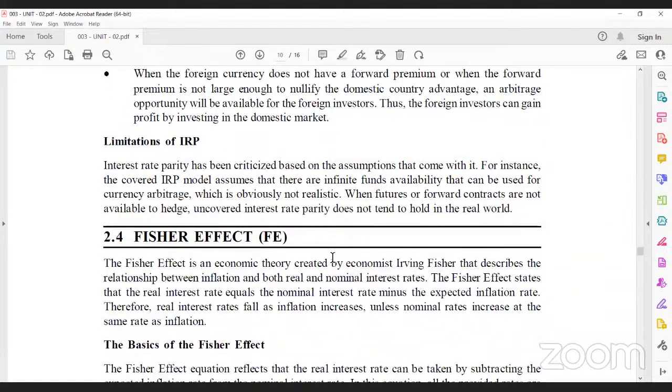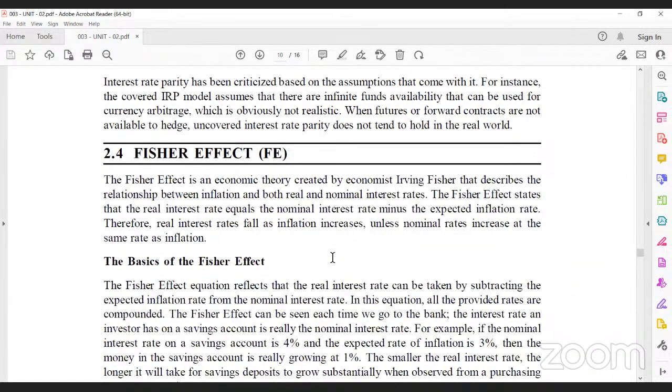Now, limitations of IRP. This IRP has been criticized on the assumptions with which it comes, like infinite funds availability, which can be used for currency arbitrage, which is obviously not realistic.